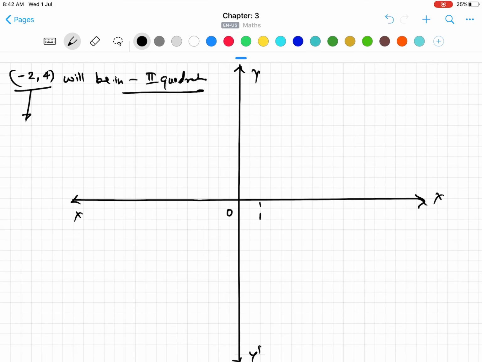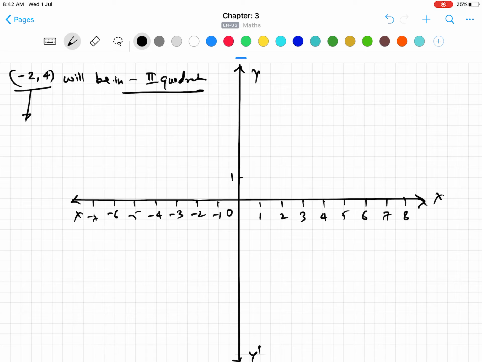First 0, then 1, 2, 3, 4, 5, 6, 7 and 8. Similarly -1, -2, -3, -4, -5, -6, -7.